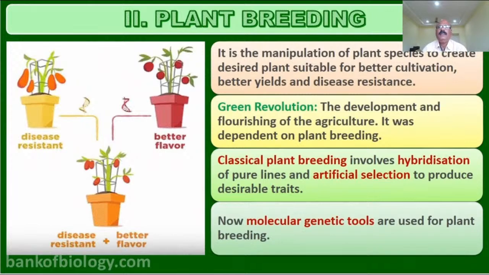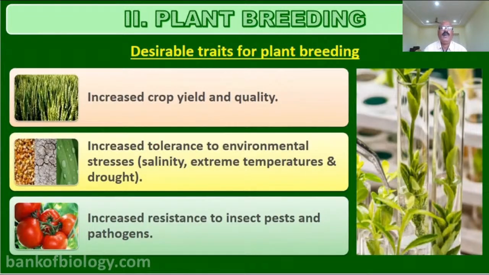So, Green Revolution, the development and flourishing of the agriculture, was dependent on plant breeding. Nowadays, the farmers cultivate hybrid varieties, that means desirable plants or transgenic plants.